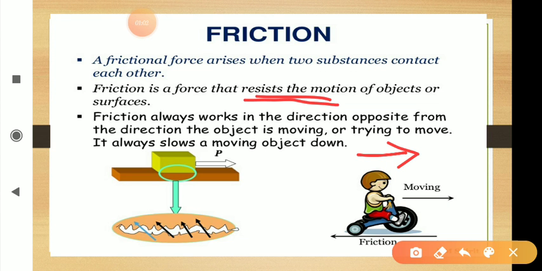A frictional force will occur between the tires of the bicycle and the ground, and it is always directed in the opposite direction to that of motion. For simplicity we can say that frictional force always slows down moving objects.